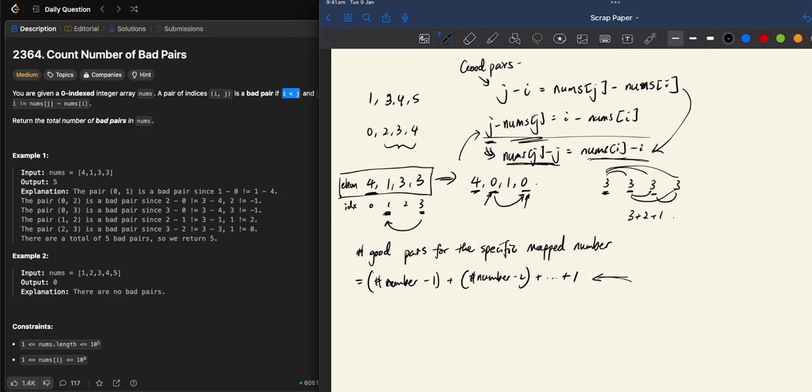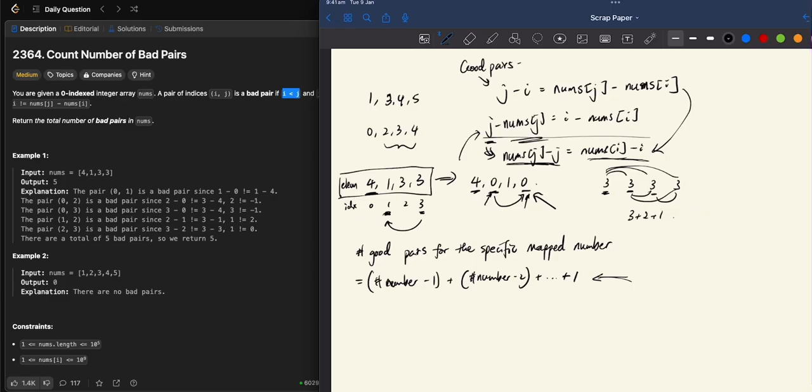So it basically became just getting a counter for this index mapped array, and for each count we can calculate the number of good pairs you can form with that number.